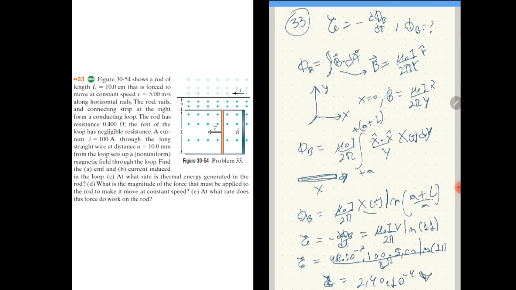So this is the electromotive force generated by the wire, by the magnetic flux variation induced by the current in the wire. So now it's time to go to letter B, and I'll pause and clean this page.